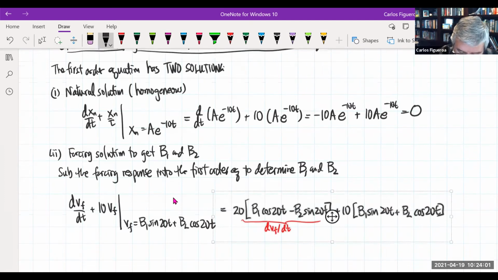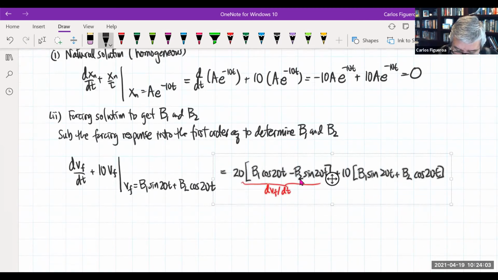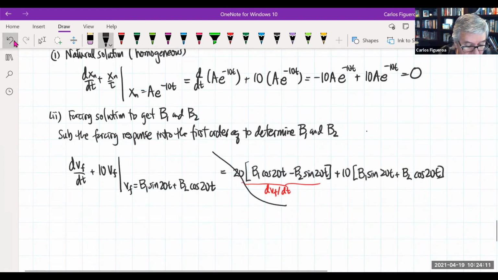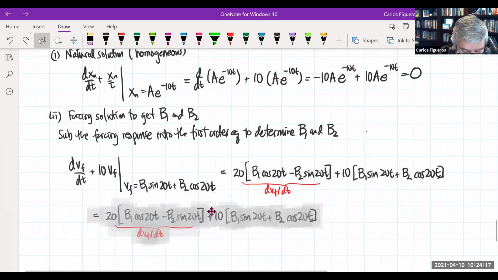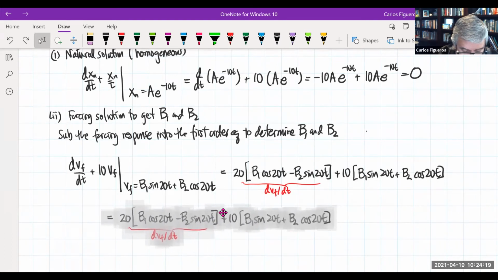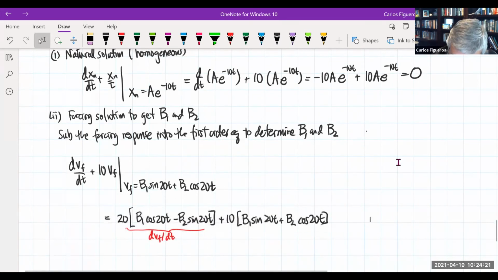It's the exact same equation. Let me move it to right here, and let me be careful. This guy here is 10 V forcing.